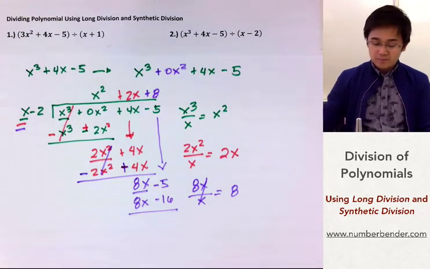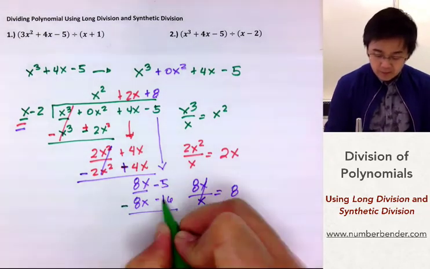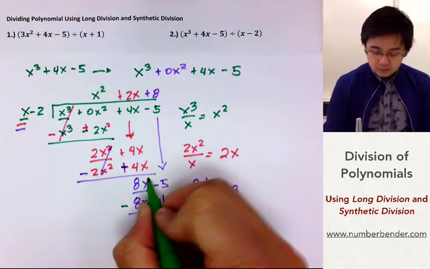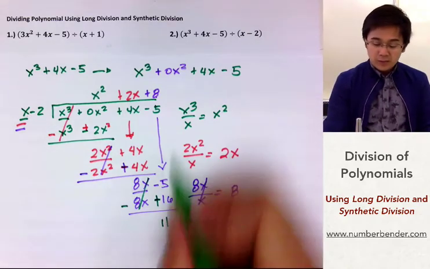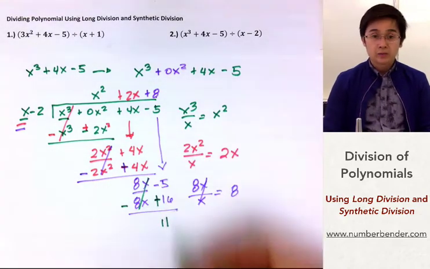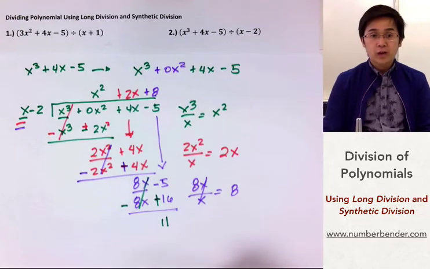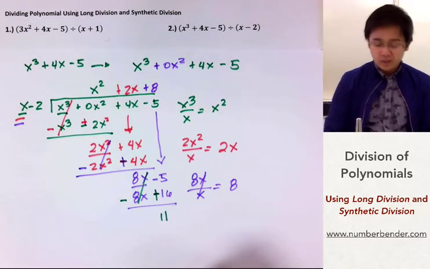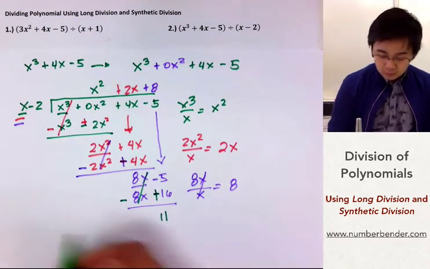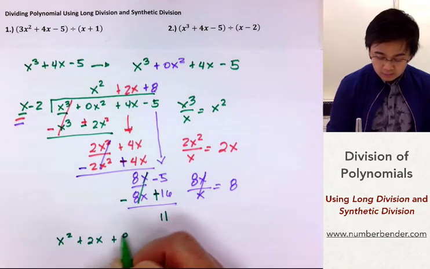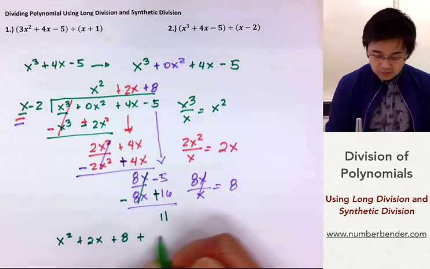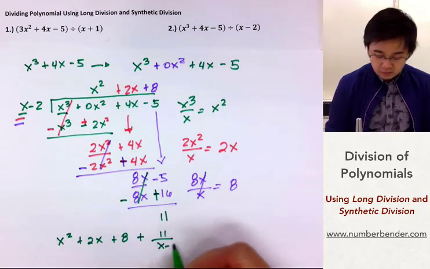And then we subtract it. Minus, plus, cancel, and we'll have positive 11. So this will be our remainder because there's nothing else to add or to bring down. So our quotient for the second problem will be x squared plus 2x plus 8 plus 11 over x minus 2.